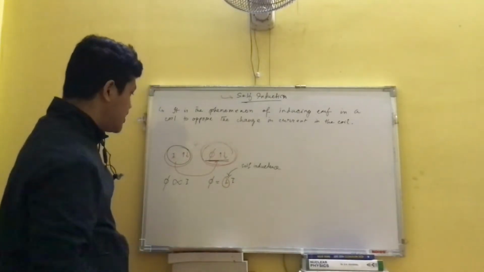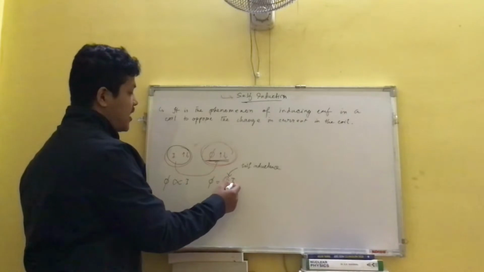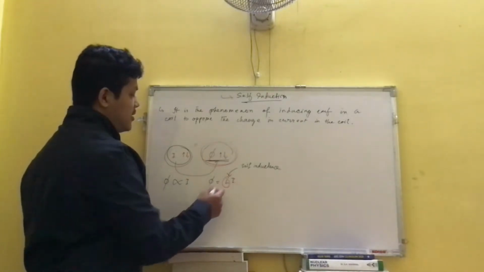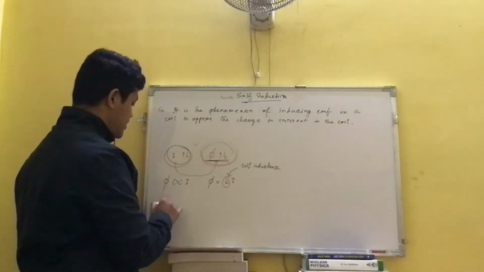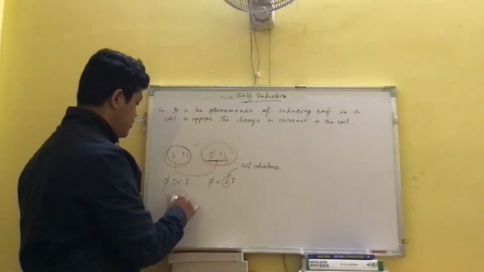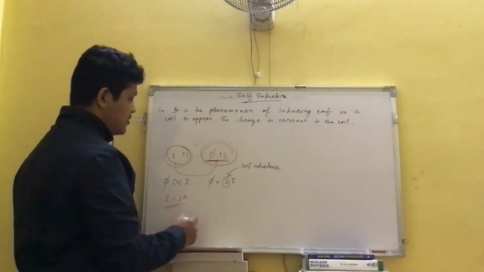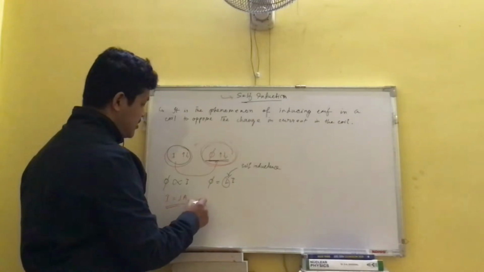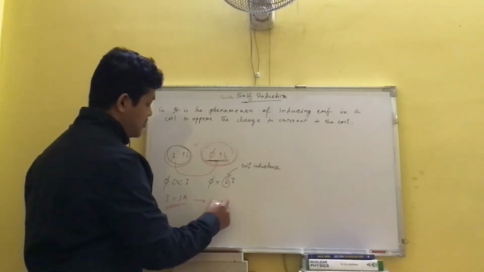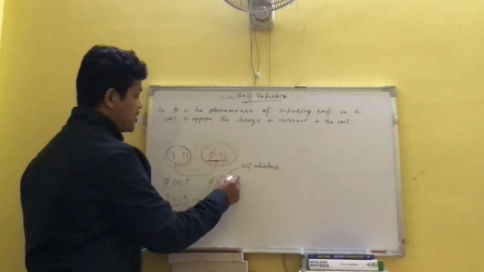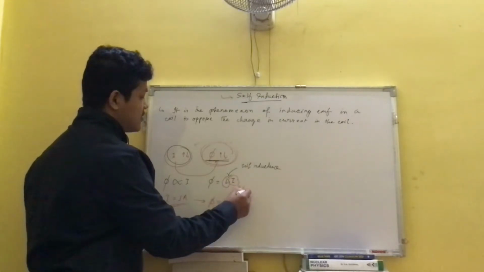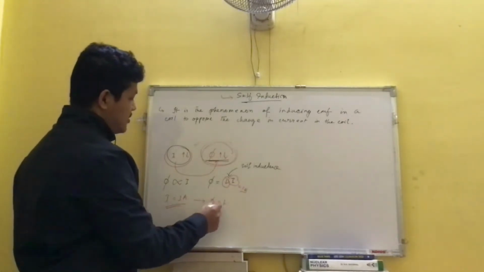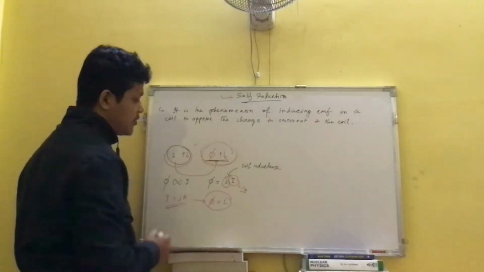Now you see, suppose the current in the coil is 1 ampere, then what will happen? Then phi will be equal to L. If this current I is equal to 1 ampere, then this self-inductance will be equal to phi.